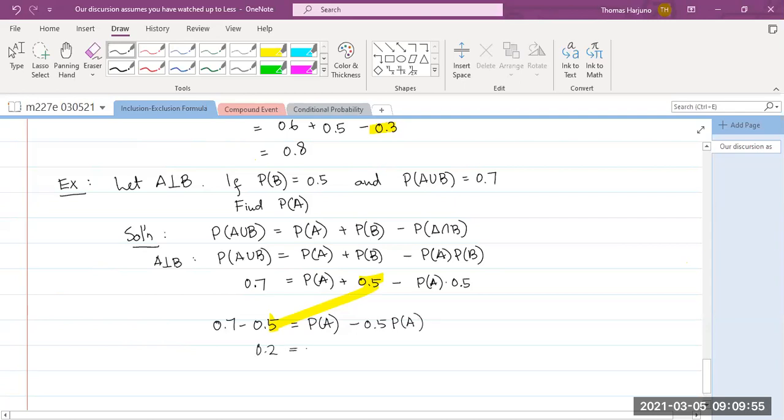0.2 equals to, now from here, I need you to remember what you learned in pre-algebra, combining like terms. If you have x minus 0.5x, what is that? Like invisible 1 minus 0.5.